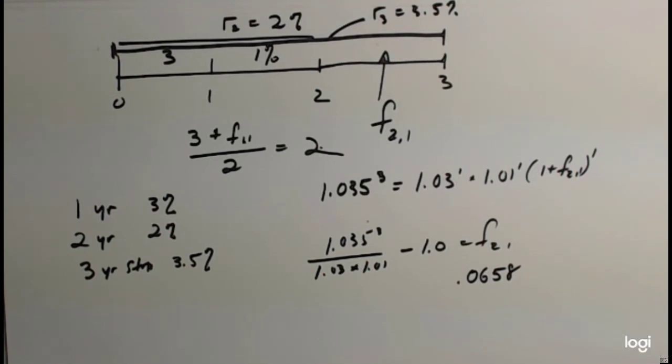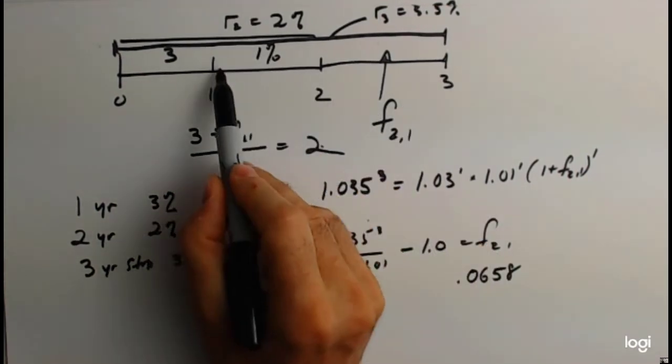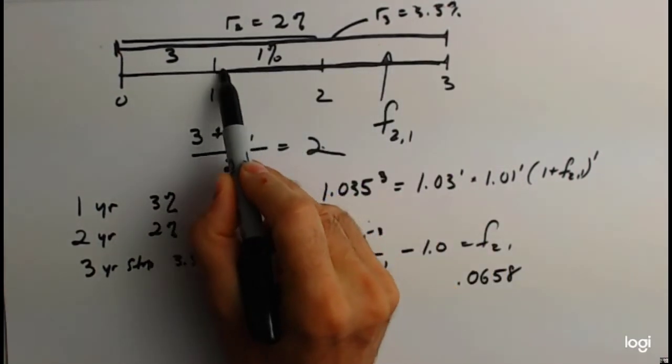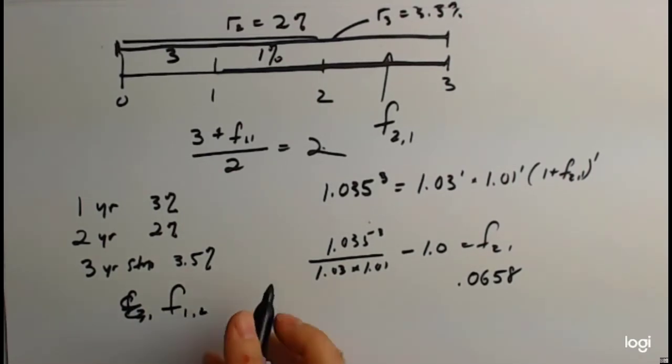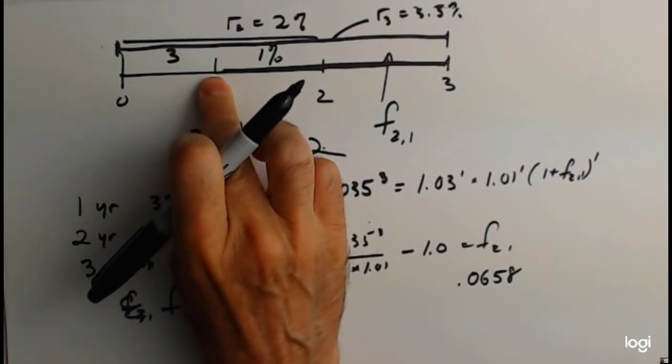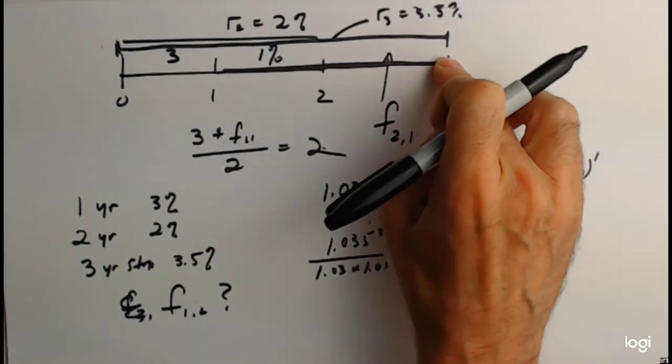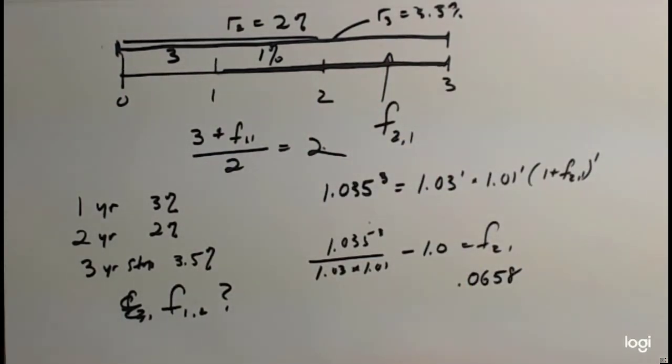So one more quick question on this. What do you think the interest rate is, this forward rate that starts 1 year from now and covers 2 periods? This F12. That's the forward rate that starts here and ends here. Well, we have all the information we need to solve for that.